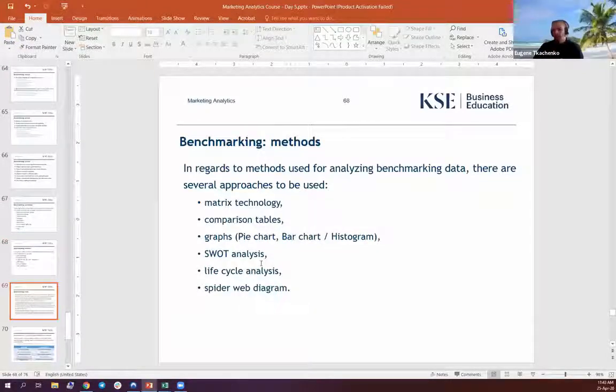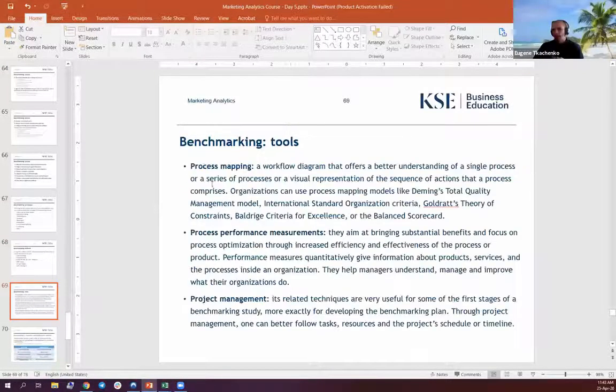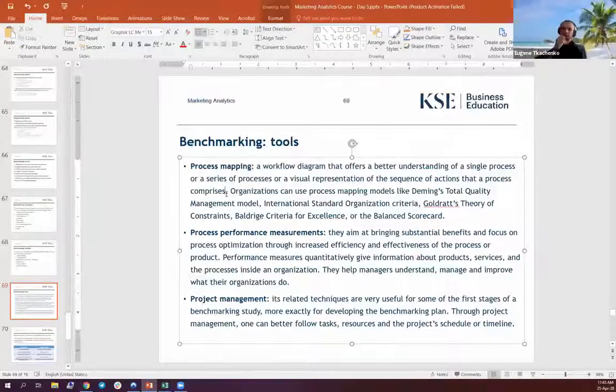And tools. The favorite one, process mapping tools like mind maps, or just drawing the list of relationships or transitions from point A to point B to point C to point D. Therefore, you will be able to identify whether those are coming from some other things.